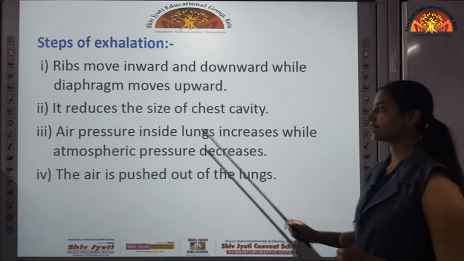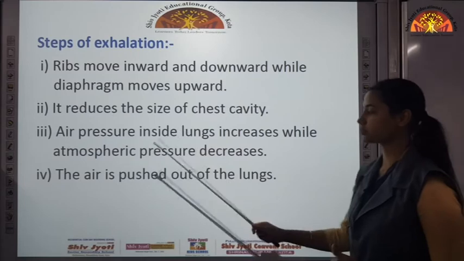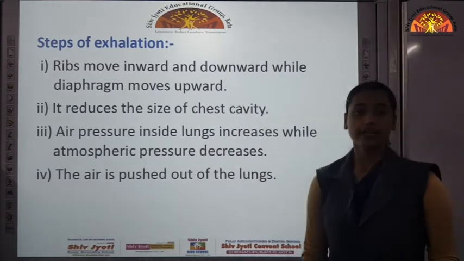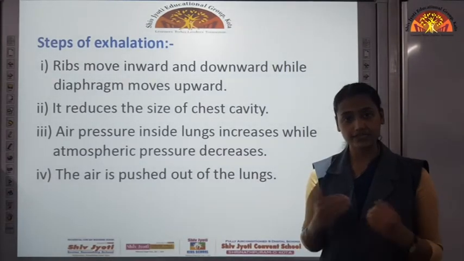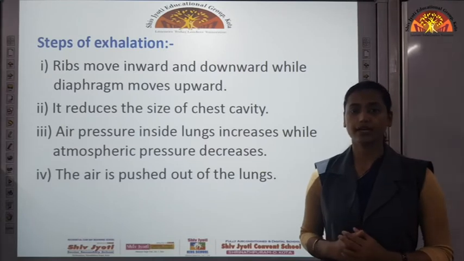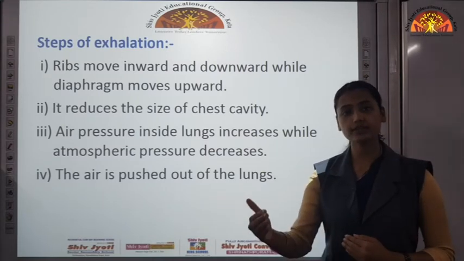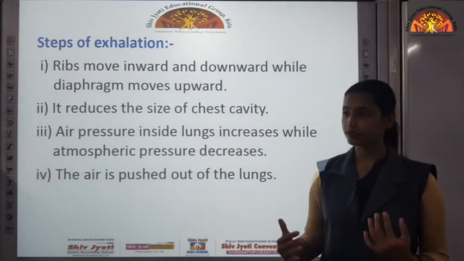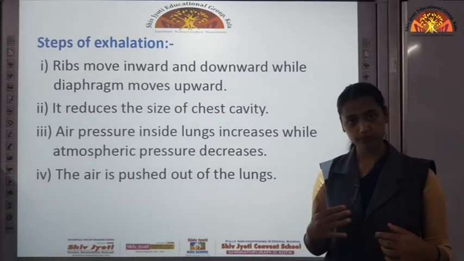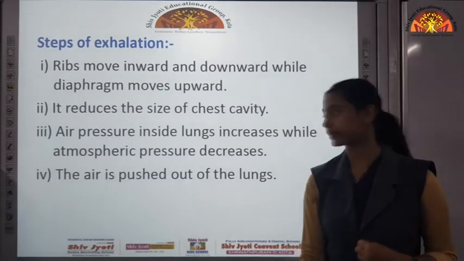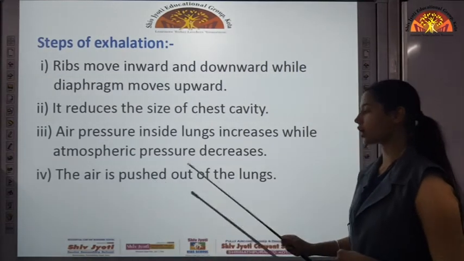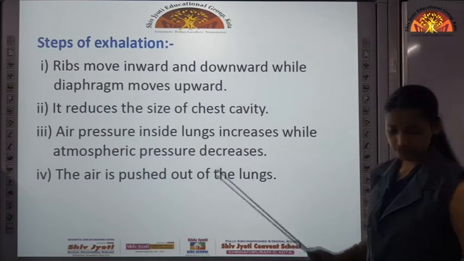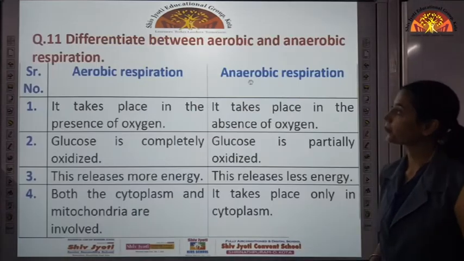Air pressure inside lungs increases while atmospheric pressure decreases. This time pressure inside our body is more and pressure outside our body is less. So what will be the direction of movement? It will be from inside to outside. So the air is pushed out of the lungs. These were the steps of exhalation.